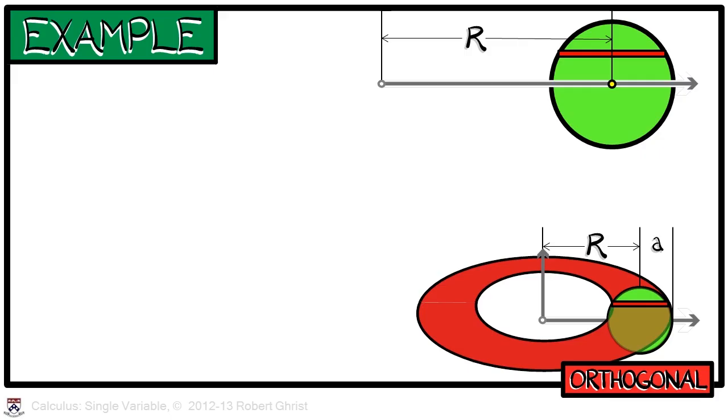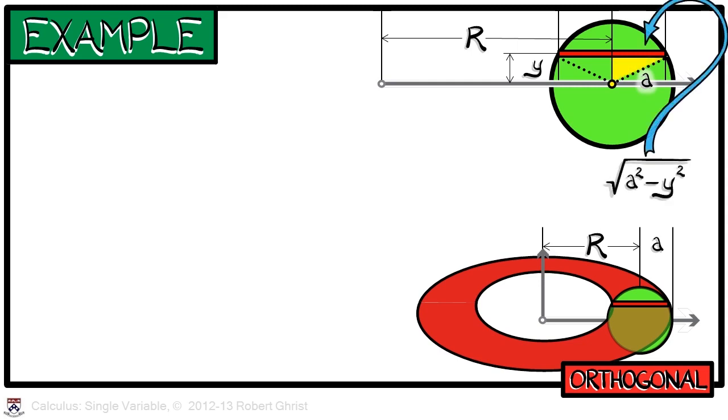We need to determine the radii of this outer and inner disk. To do so, let's construct, again, some right triangles in the cross-sectional disk. And knowing that these right triangles have hypotenuse a and height y, then we see that the width is the square root of a squared minus y squared.